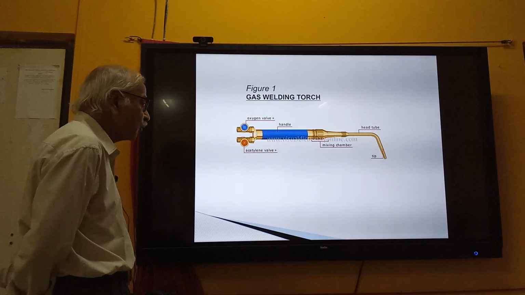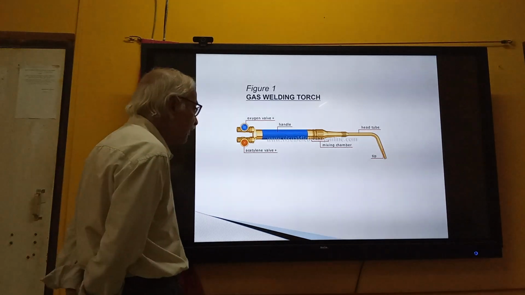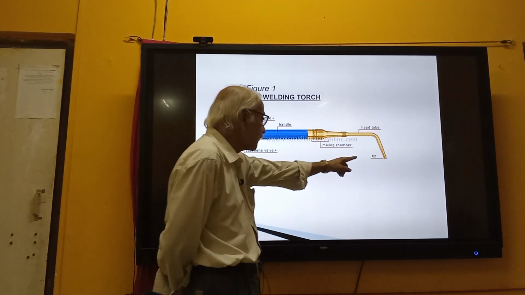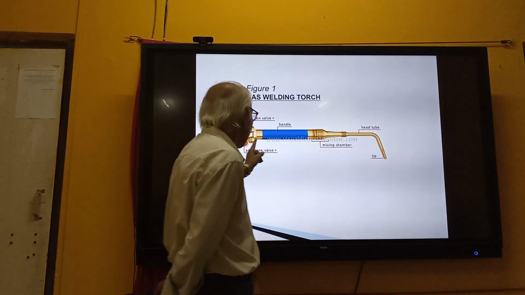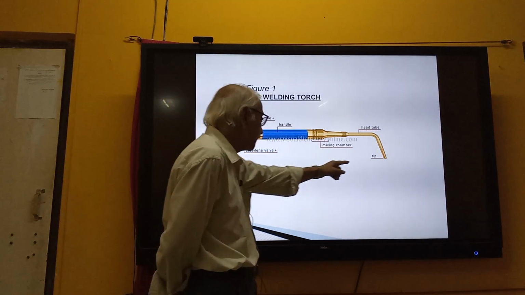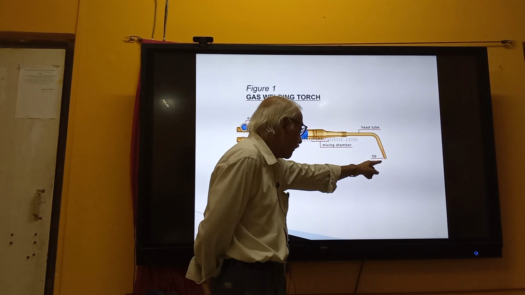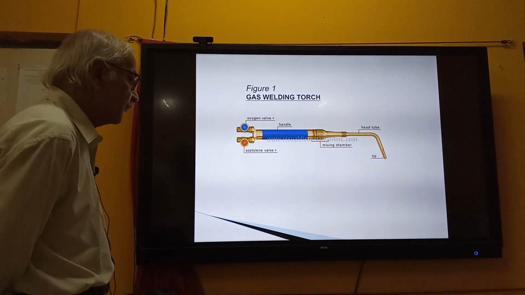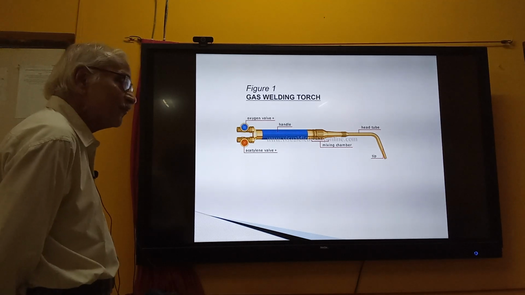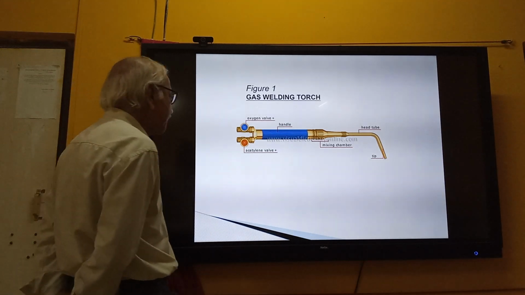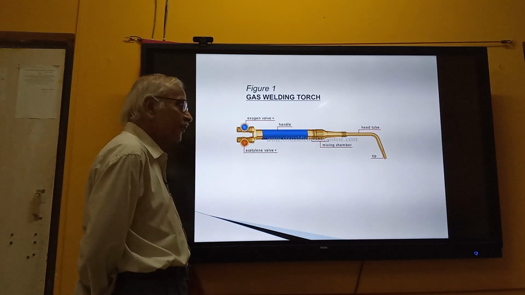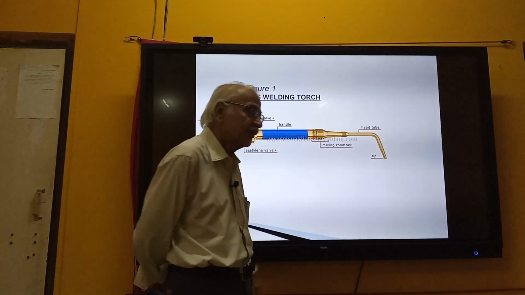So while doing this process, what we do is like a burner in a kitchen. We first open the acetylene line or LPG line, and with the help of a matchstick we generate the flame here, which will be a small flame with much less energy. Now we slowly open the oxygen valve and start supplying oxygen there.